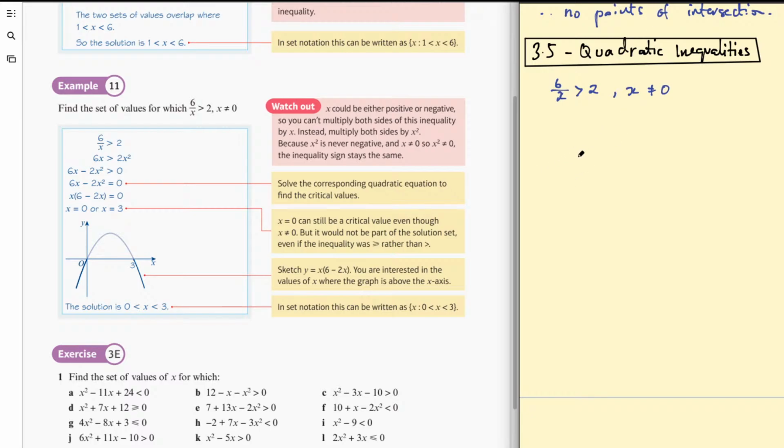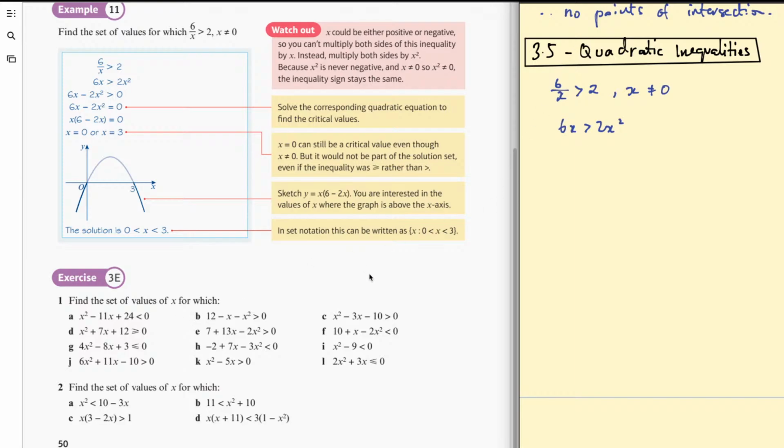But yes, exactly. Multiply by x squared means you're definitely multiplying by a positive. You have the same inequalities. So if we multiply by x squared, we get 6x greater than 2x squared, as they do here. And then they solve that quadratic. Okay, so that's an important thing to remember. We cannot just multiply by an x. We need to consider that x might be negative.